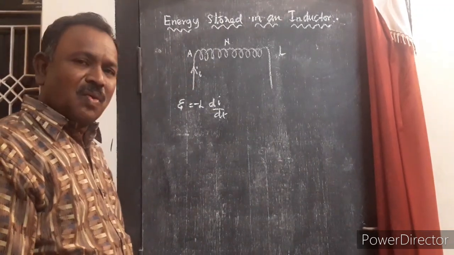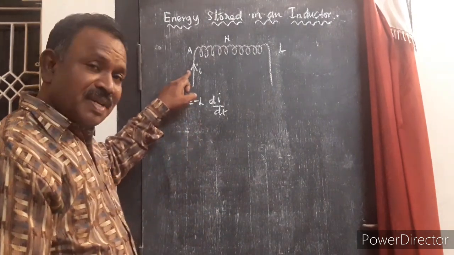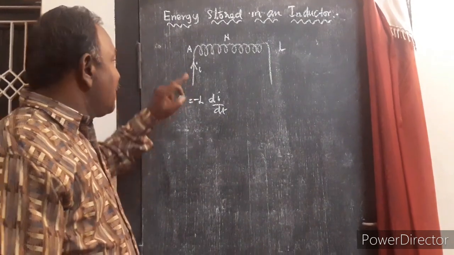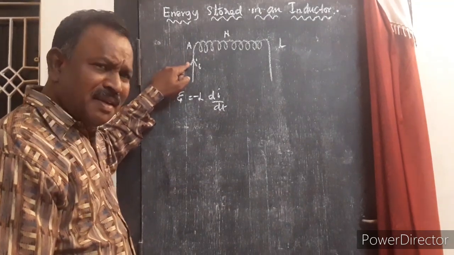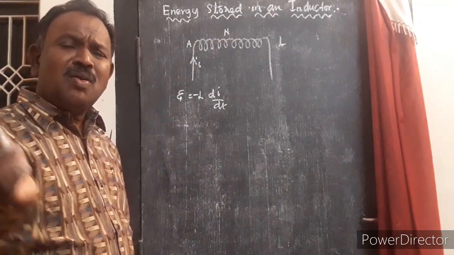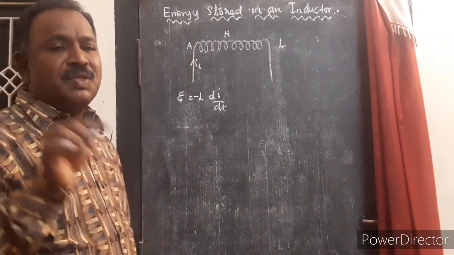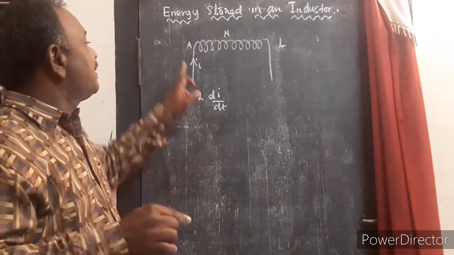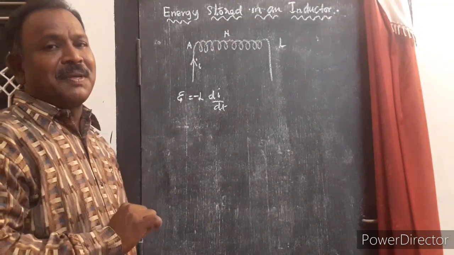Once again I repeat: when the current in the coil is increasing, this increase is opposed by the induced EMF. So in order to increase the current, I have to do work. This work is stored as magnetic energy.